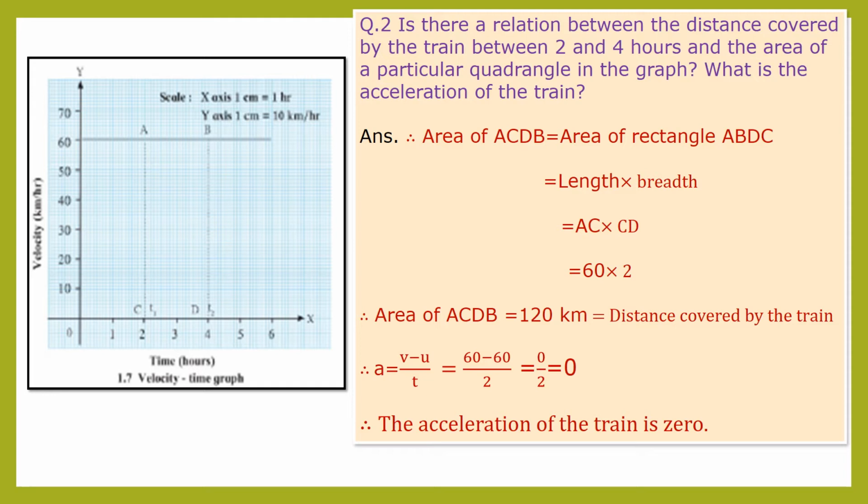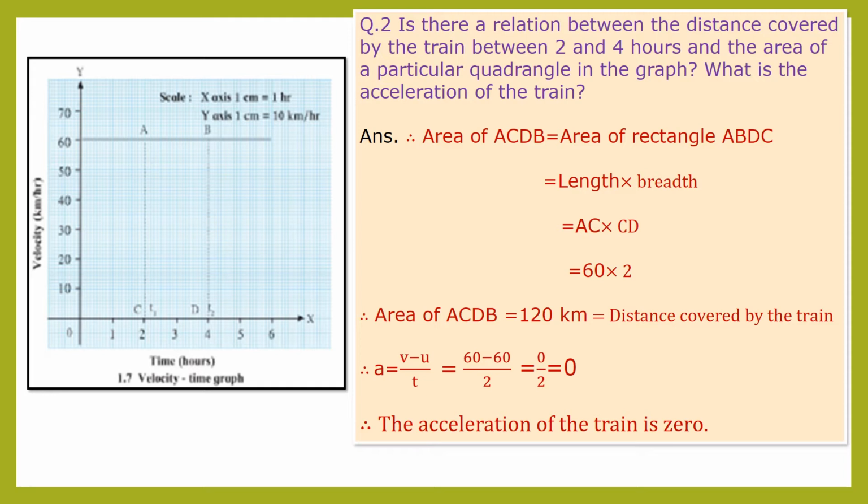So that is equal to 60 into 2, because the length AC is given, that is 60 kilometer per hour. So you can write here 60 into CD, which is the distance between 4 hours and 2 hours, that is 4 minus 2, it will be 2.